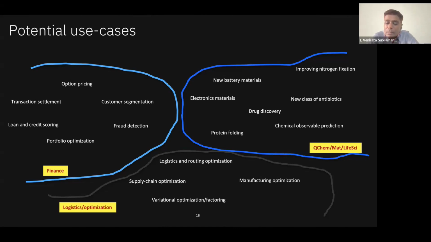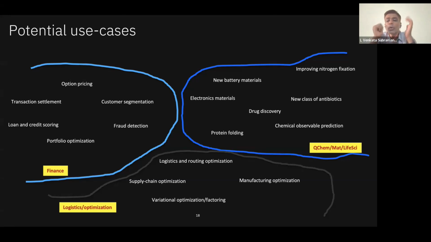New battery materials. A lot of research is now ongoing into how electric vehicles are going to be coming. In these electric vehicles, the battery places a lot of importance. A lot of you talked about space travel. For space travel, we are always looking at new materials which can withstand the different things that the spaceship is subjected to.